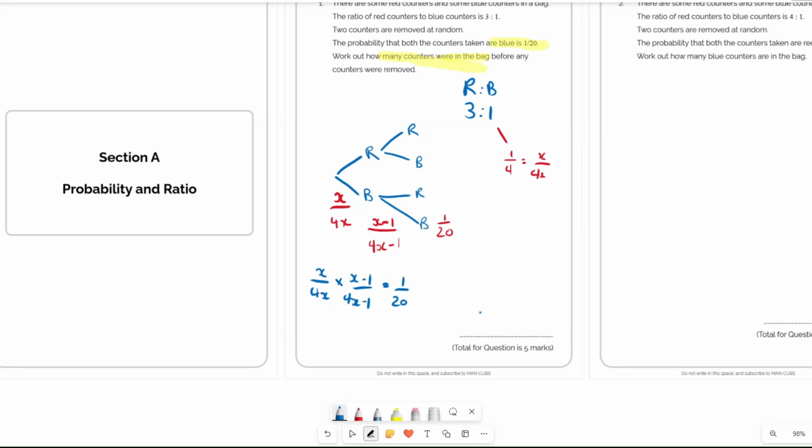So let's multiply this out. I'm going to use brackets for this first example here. So we've got x minus 1, like so, and then 4x minus 1, like so. And that is all equal to 1/20.